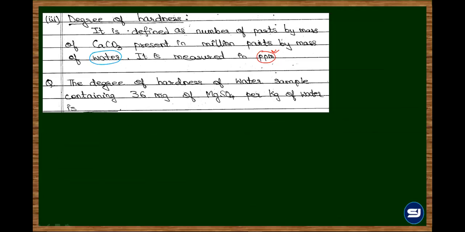Okay. Now a question आना चाहिए कि why we are taking in terms of CaCO3. The reason is CaCO3 का molar mass is 100. So if you express the hardness in terms of CaCO3, that directly gives you the hardness in terms of percentage. समझा?